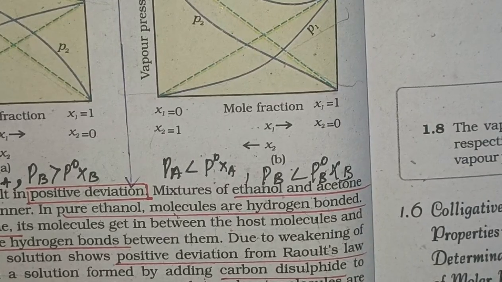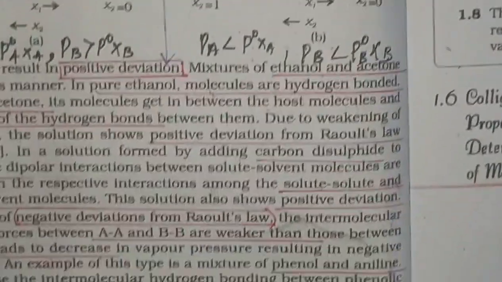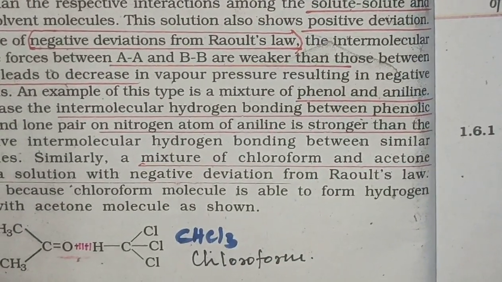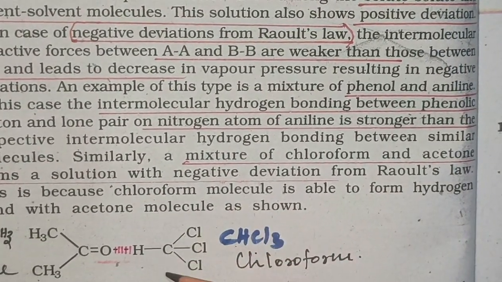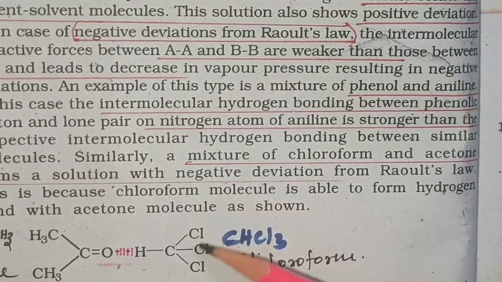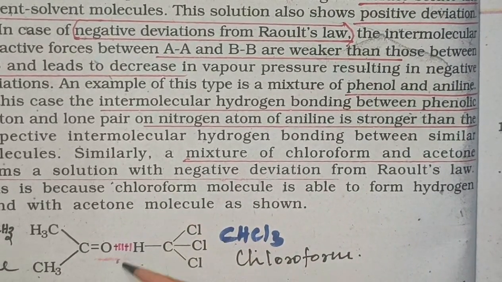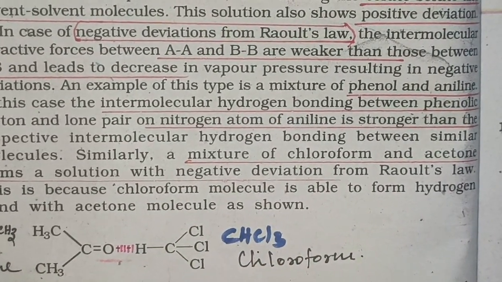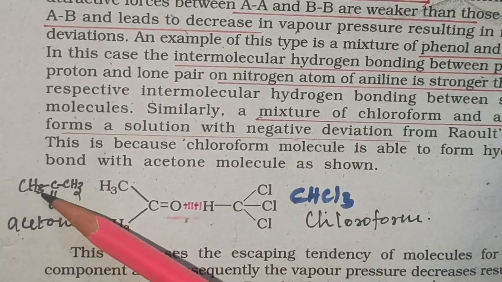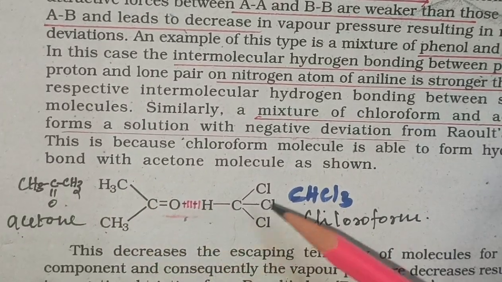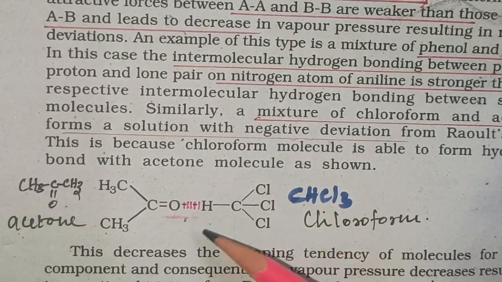Here, as an example, we consider the addition of acetone to chloroform. Due to the change in polarity, there is an attractive force between the chloroform and the acetone, CH3COCH3 and CHCl3.